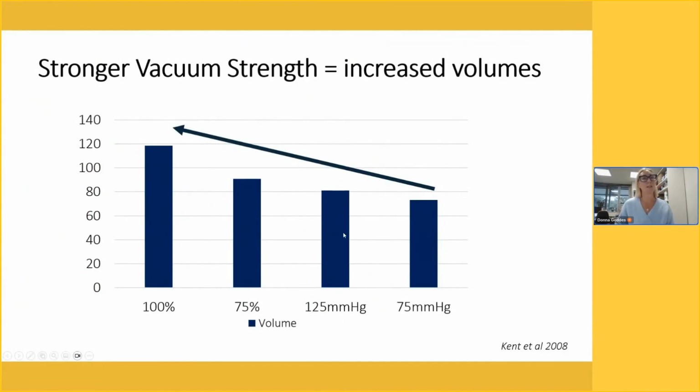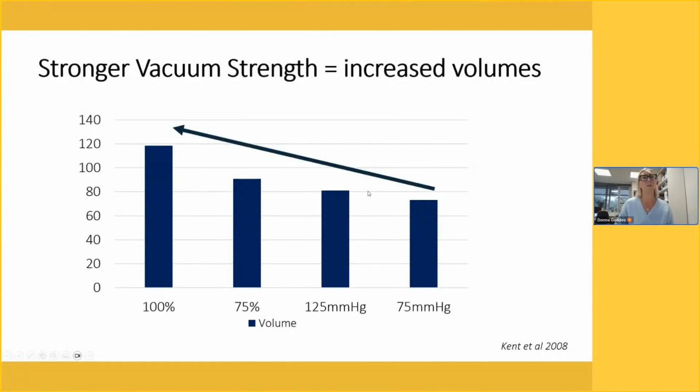So if we look at the big hitters, strong vacuum does correlate with increased volumes. So in our study, where we looked at women and applied different vacuums, here is the first bar on the Symphony pump. Here is 125 millimeters of mercury. Here is the maximum comfortable vacuum. So it was turned up until the mother found it uncomfortable and turned back down until she was comfortable. And then we also tested 75% of that vacuum.